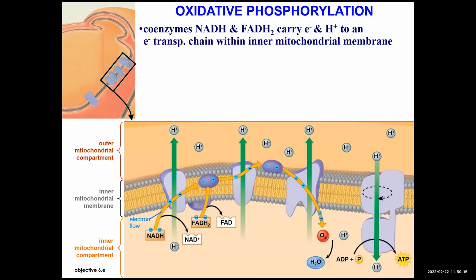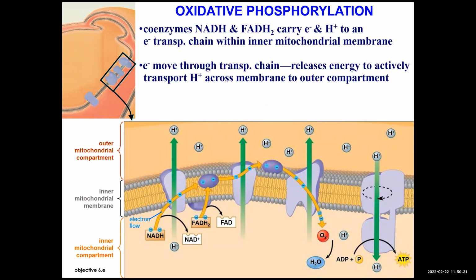In an electron transport chain, the goal is to move electrons. So that is what we are going to be focusing on. Every time you move an electron, that is going to cause a release of energy. And we are going to use that energy to actively transport hydrogen ions into the outer compartment.